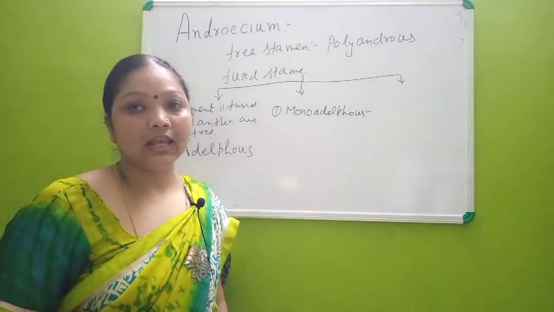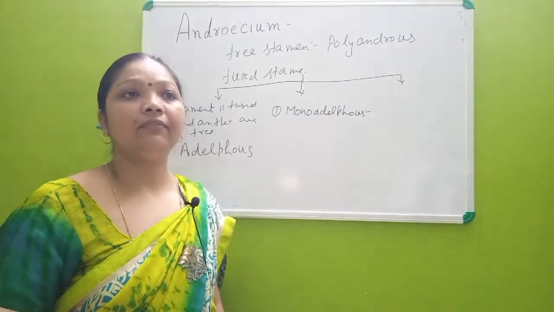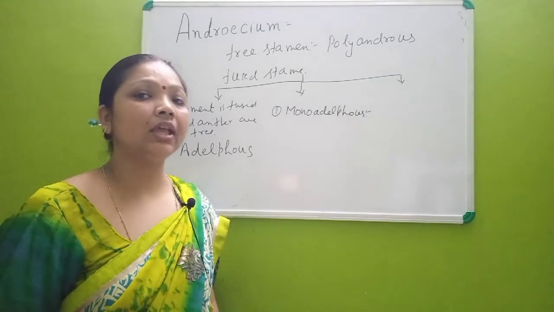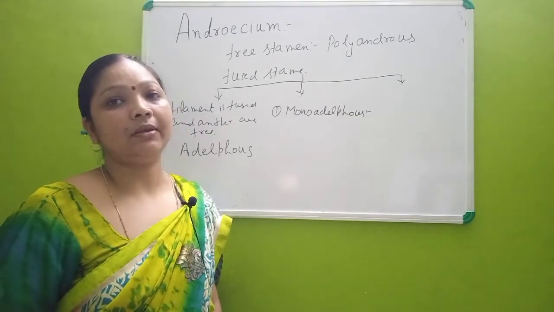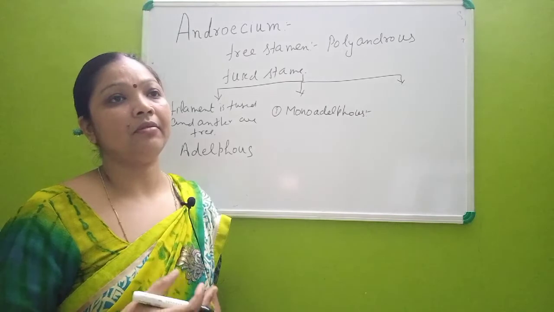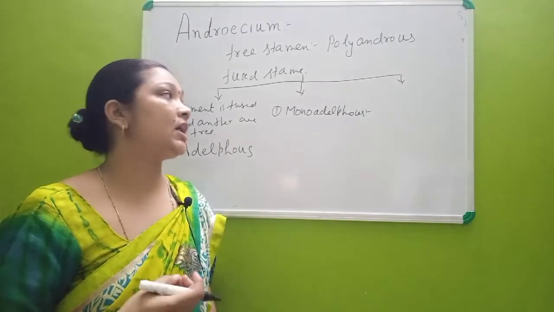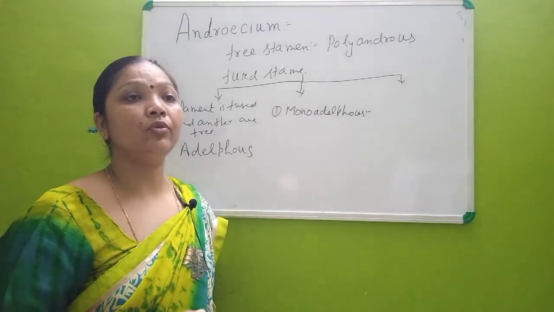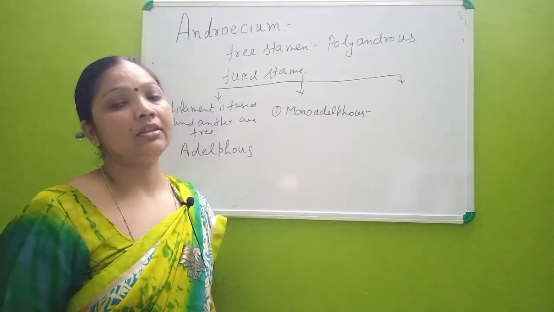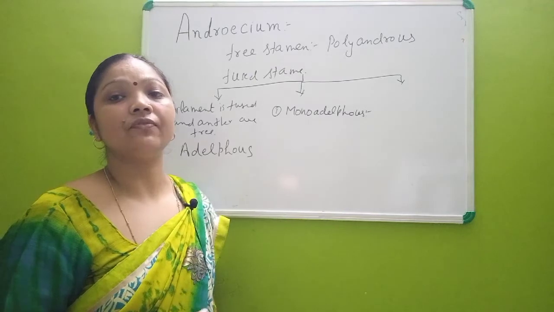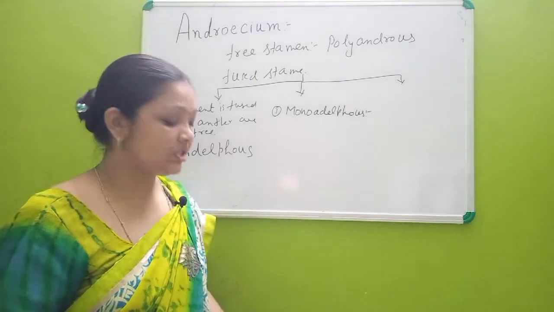Mono means single. If a single filament is present and a large number of anthers are fused to it, then this type of condition is called monoadelphous condition. And this is the characteristic feature of the Malvaceae family, that is China rose.